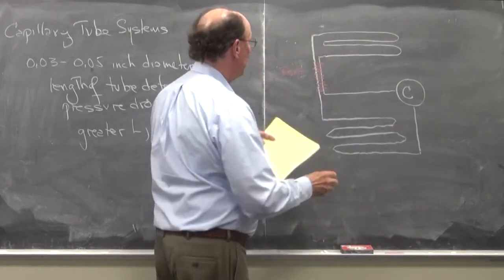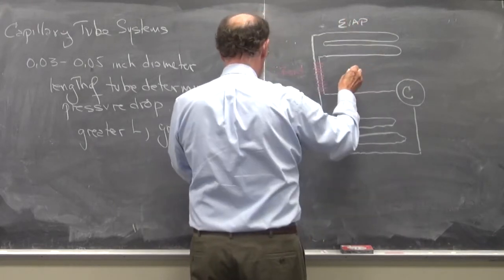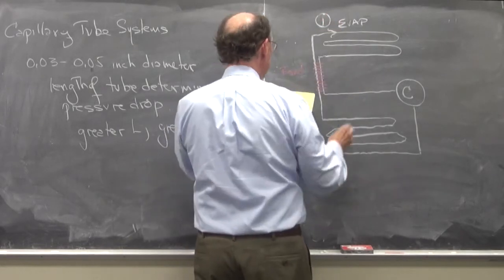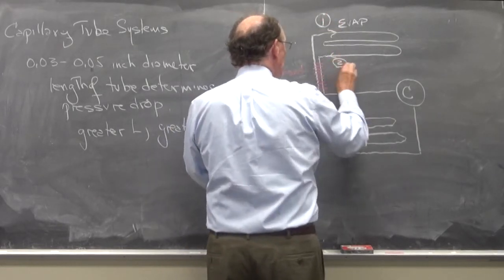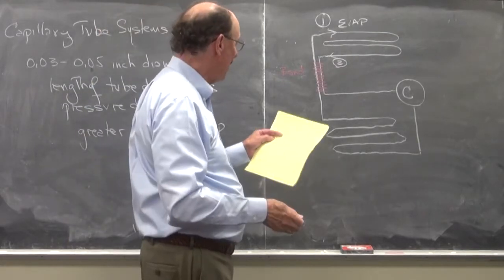So I'll draw this. So this is the evaporator. Going to be here at state 1, going into the evaporator. It leaves at state 2. Again, we'll have this be the ideal vapor compression system. So this is the evaporator.